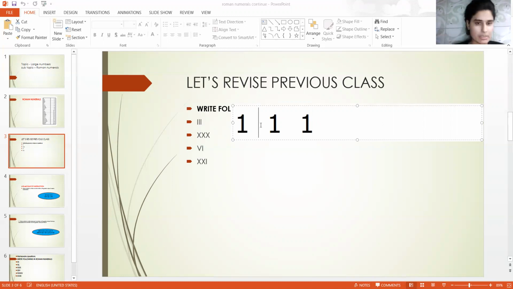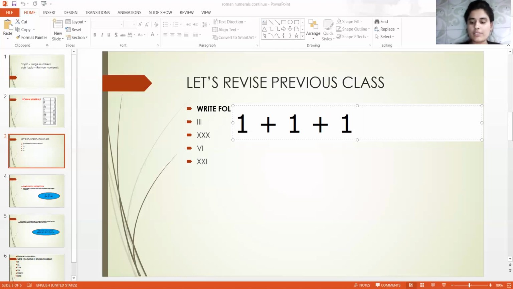Whenever the symbol is repeated, you have to add the value. So I write down the value of I, 1, then add plus, and another I, value 1, then again plus another I, 1.